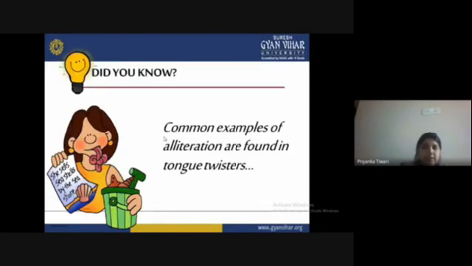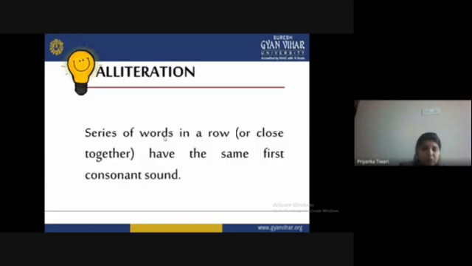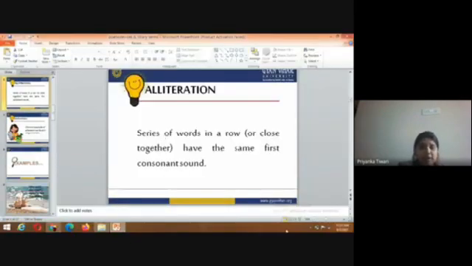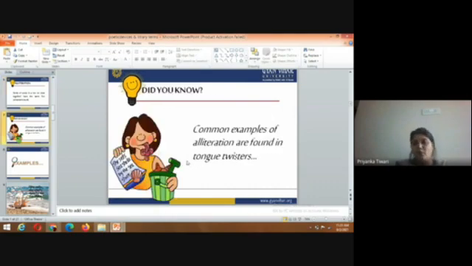So we can say that alliteration is a series of words in a row or close together that have the same first consonant sound, and common examples of alliteration are found in tongue twisters.